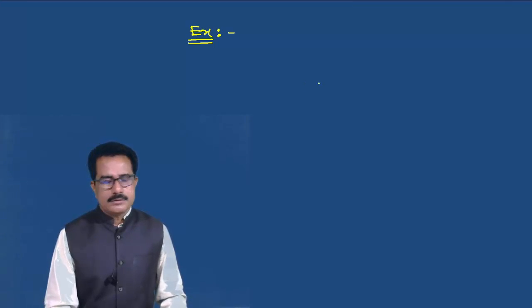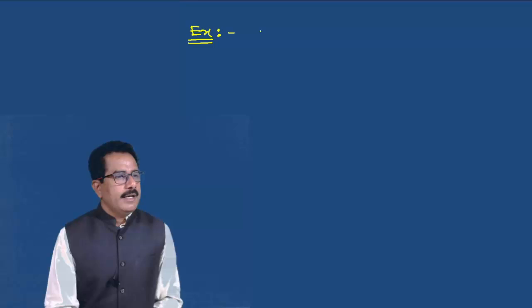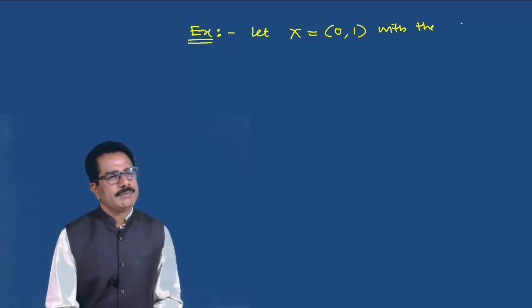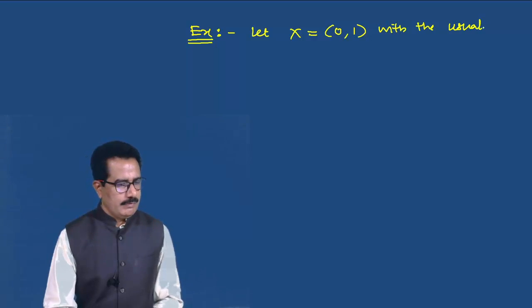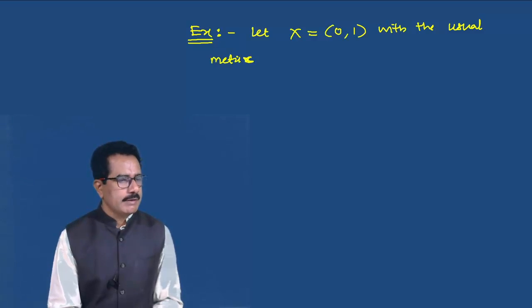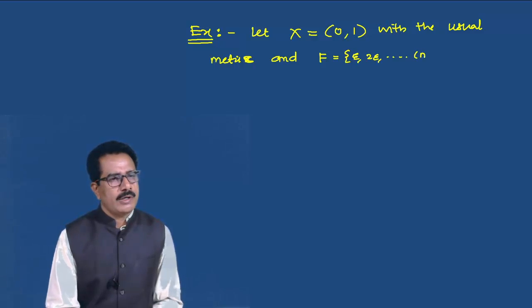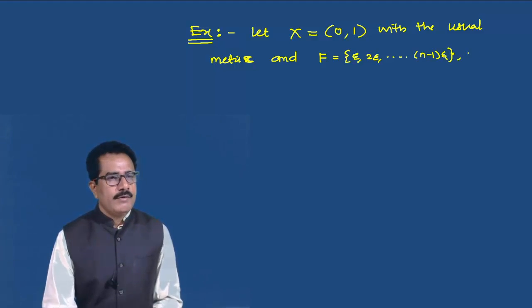Suppose let X equals [0, 1] with the usual metric, and F equals {epsilon, 2 epsilon, ..., (n minus 1) epsilon}, for epsilon greater than 0, n belongs to the natural numbers.